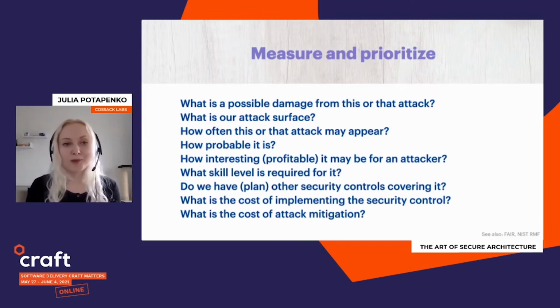You know, some people don't want to steal money, but they like to break things for fun. Then you can think of the required level for an attack. Look at what other controls you already have to prevent this attack, and calculate the cost of implementation for security controls and the cost of mitigation.